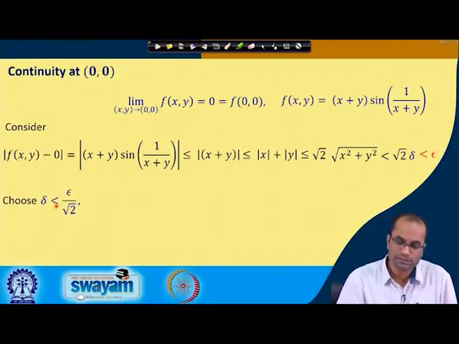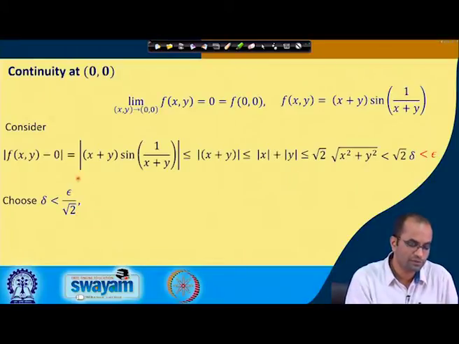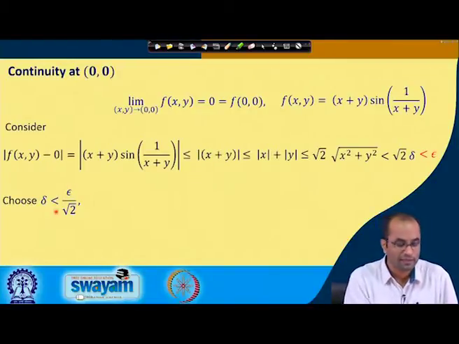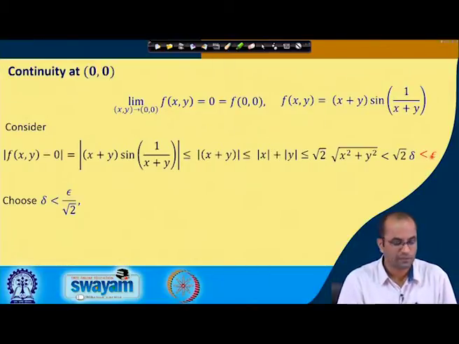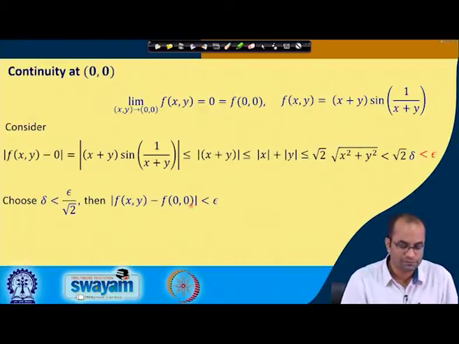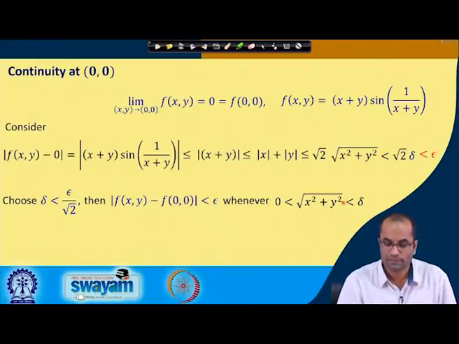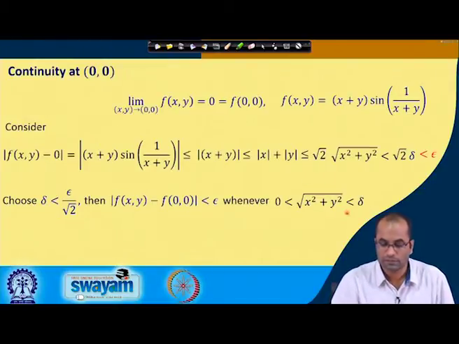Here, choosing delta as epsilon by square root 2, because epsilon is given, we can find delta by this relation, anything smaller than epsilon divided by square root 2. Then this difference is less than epsilon whenever we choose x y from the delta neighborhood of the 0 0 point.